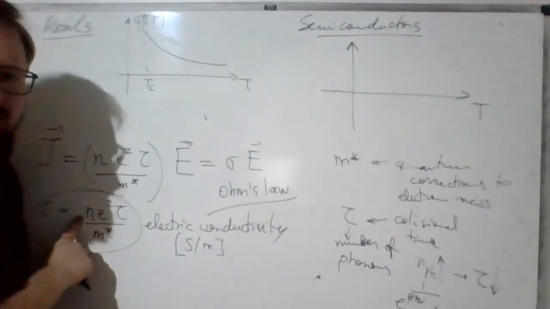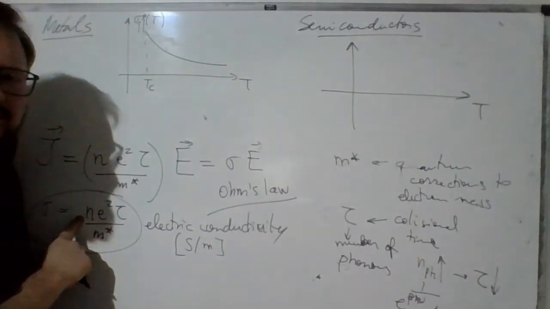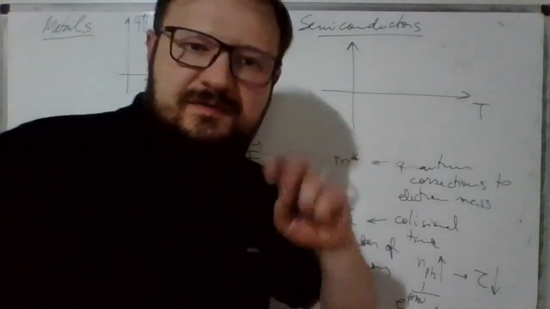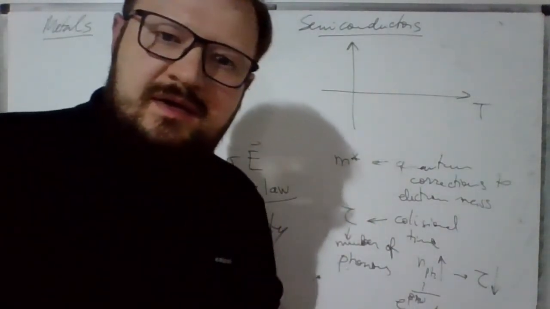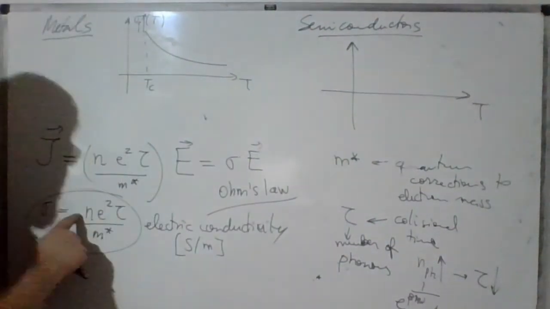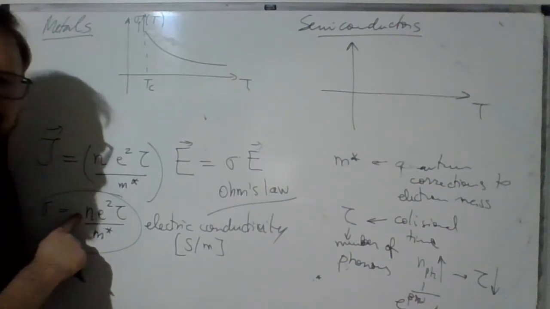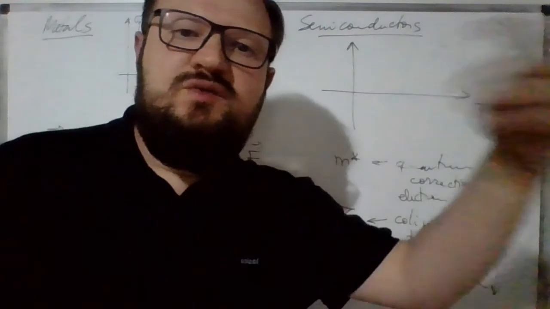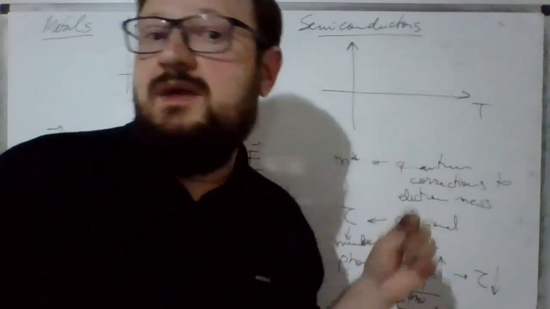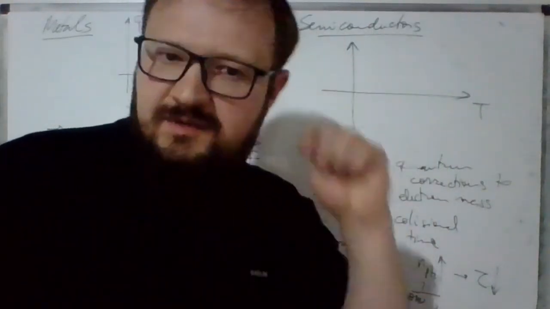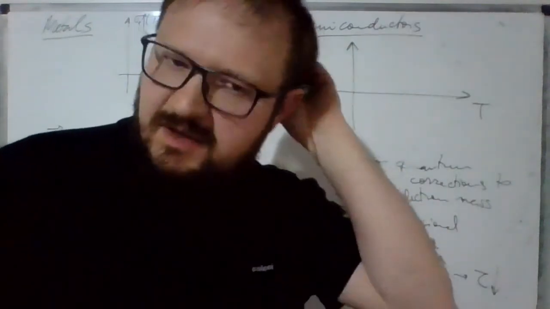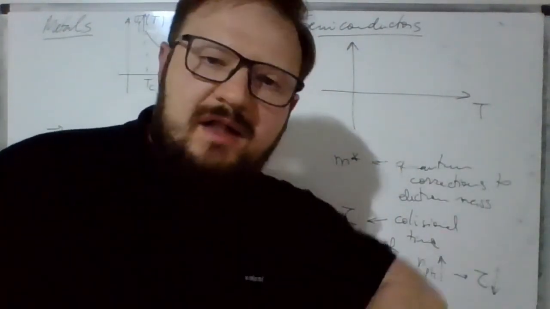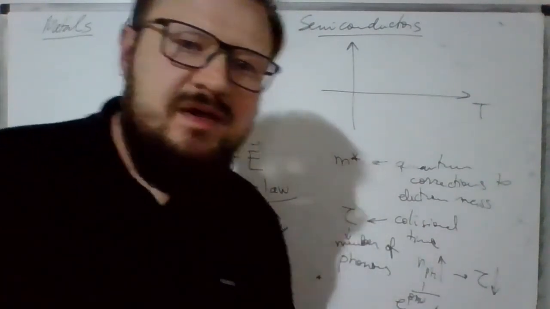This number is already in the range of 10 to the 28, 10 to the 29. And for semiconductors at very small temperatures, this number of charge carriers is about 10 to the 12 orders of magnitude smaller.